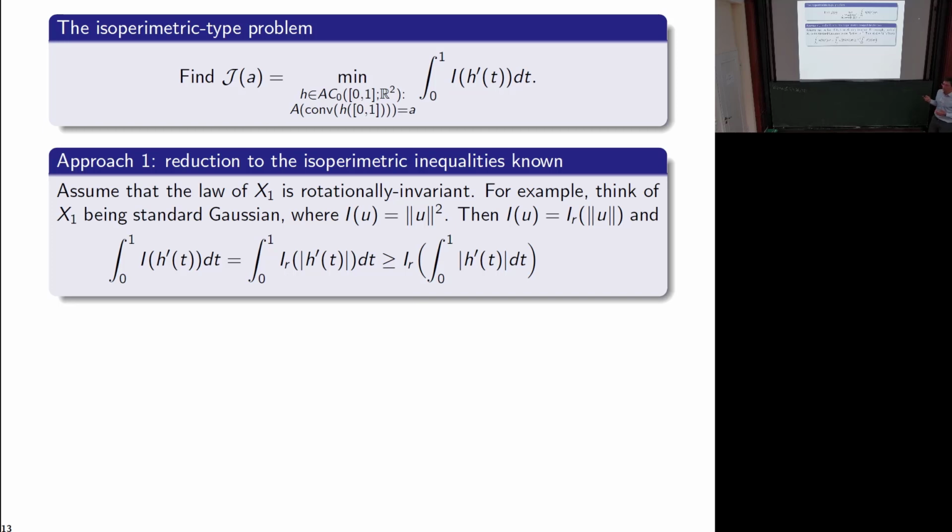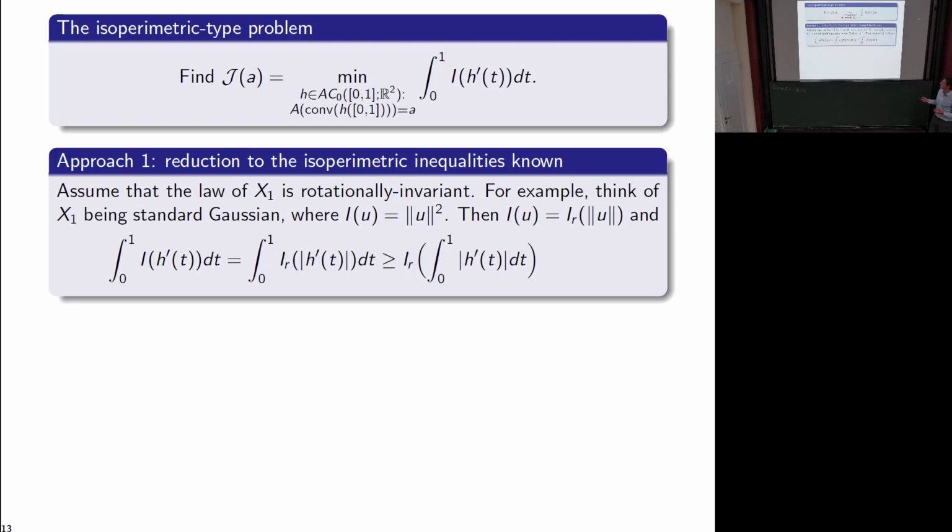So for the moment, let's do the easy case. Let's assume that the distribution of X is rotationally invariant. For example, think that it is a zero mean standard Gaussian, like mu is 0 in this picture. Then the rate function is a radial function, which depends on the norm of our vector. Then this is the energy.